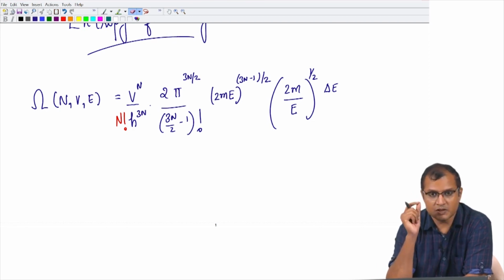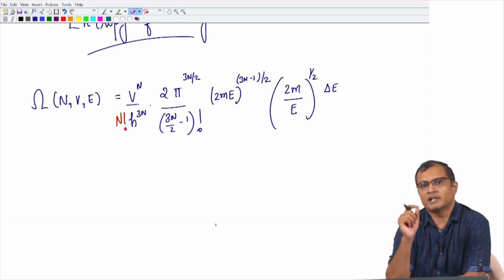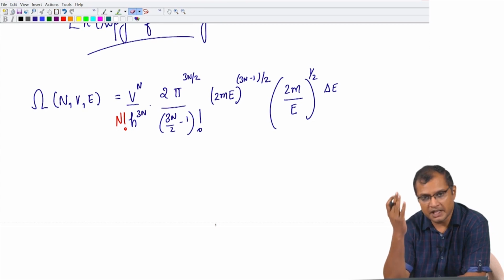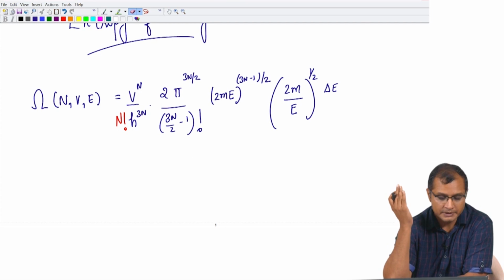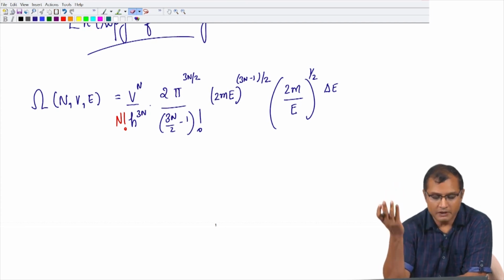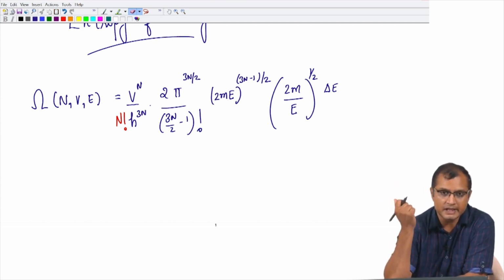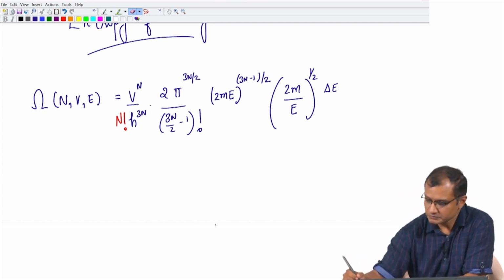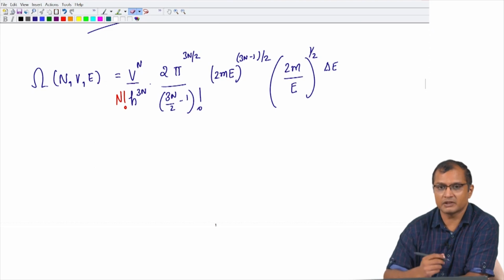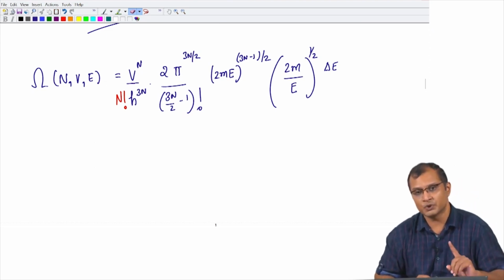So purely respecting the fact that we want to only take the microstates where duplication is not permitted, we have to divide the entire number of microstates by N factorial, and this division by N factorial actually makes the entropy purely extensive.